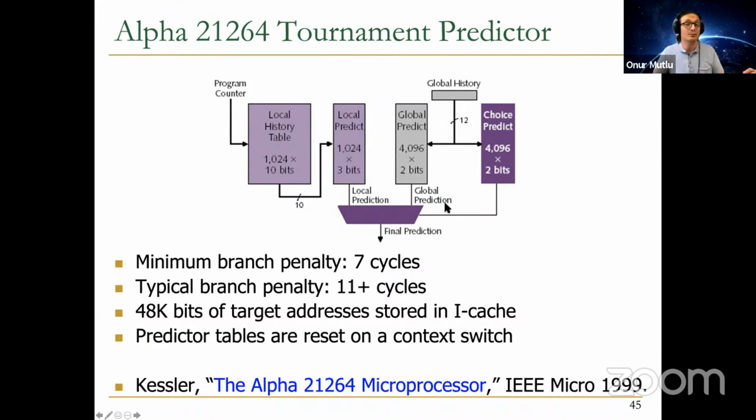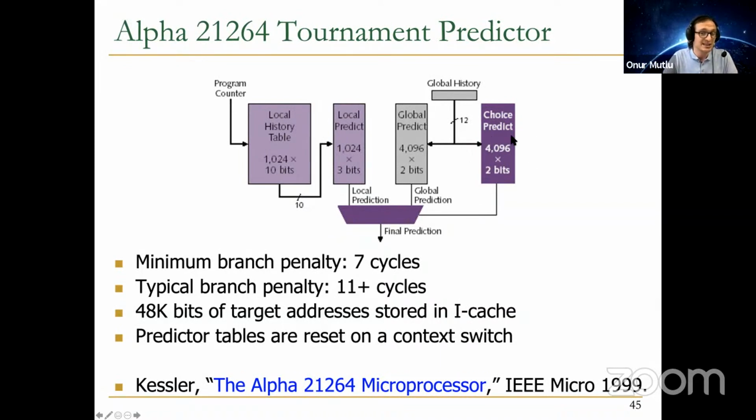And then you need to decide which one to use. And they have a choice predictor for this purpose. Basically, at the high level, the choice predictor keeps track of which predictor was correct. And based on which predictor was correct over time, it decides to use that predictor. So for example, you index this choice predictor using the global history, as shown over here.